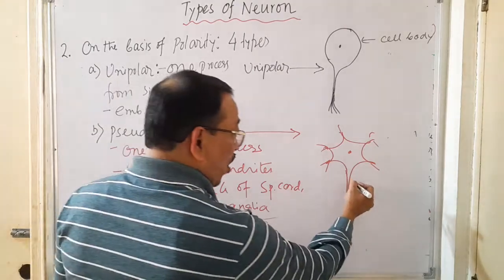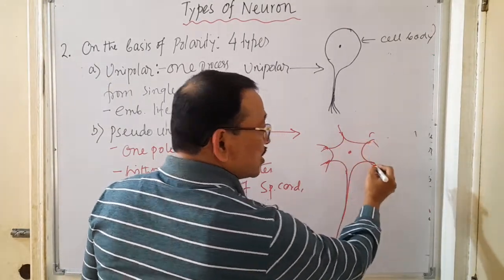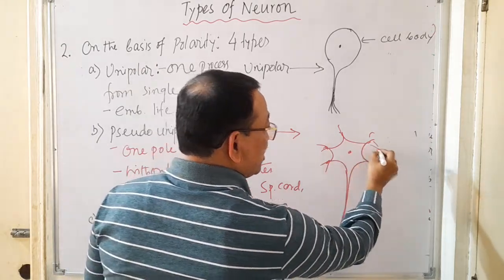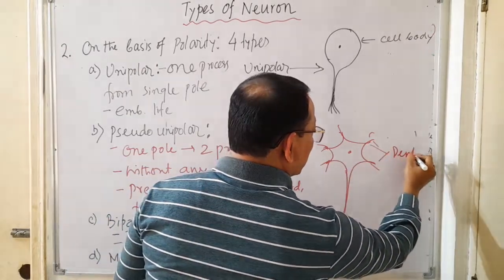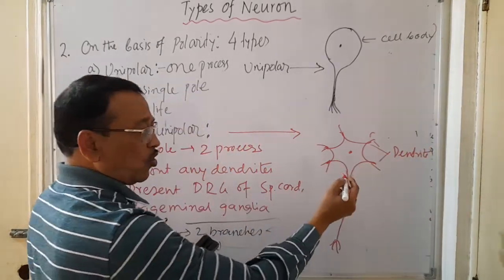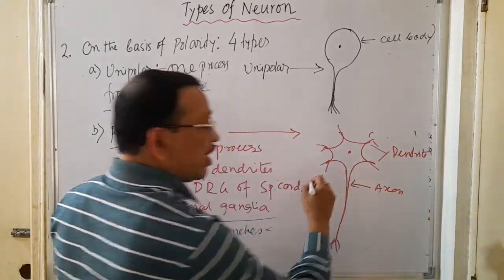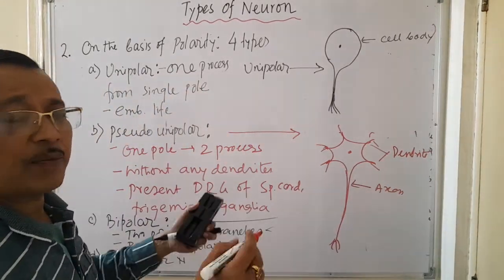Here there is one long process and many separate short processes. These are all known as dendrites. Multiple dendrites originate from multiple poles, and an axon originates from another distinctly separate pole.